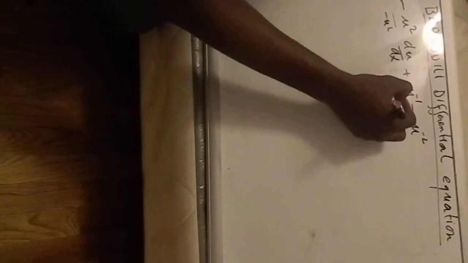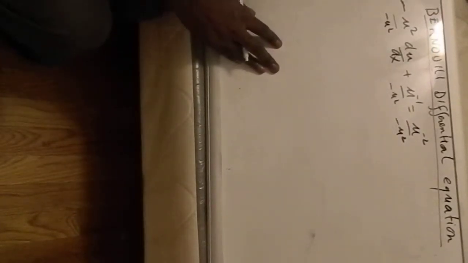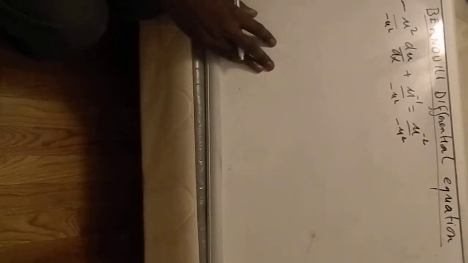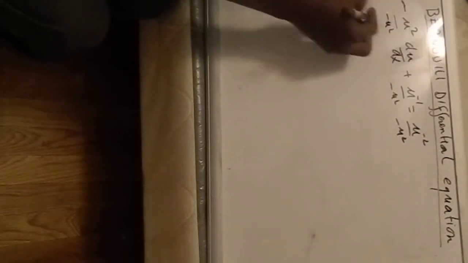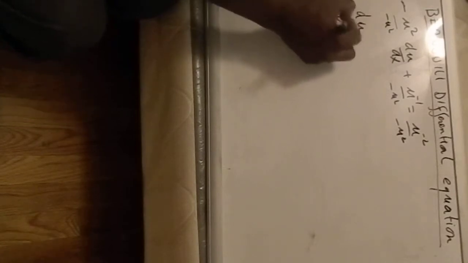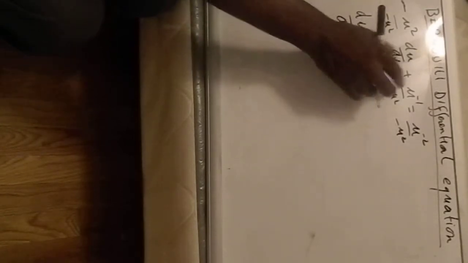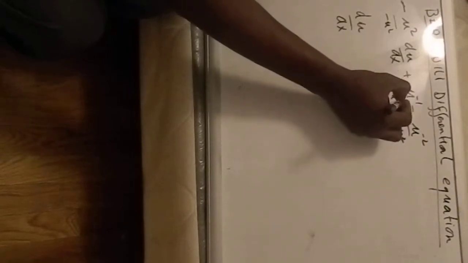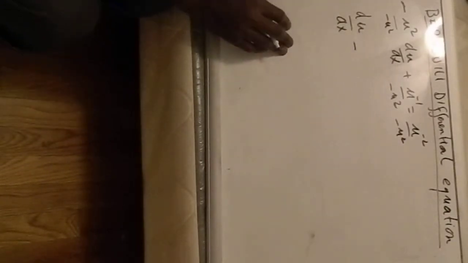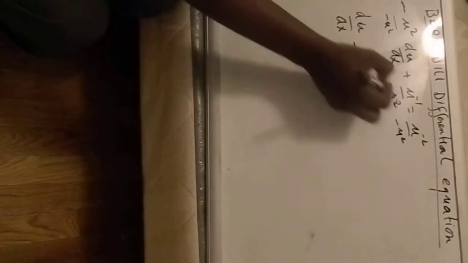That's what I have before. Now I divide everything by negative u to the negative 2.